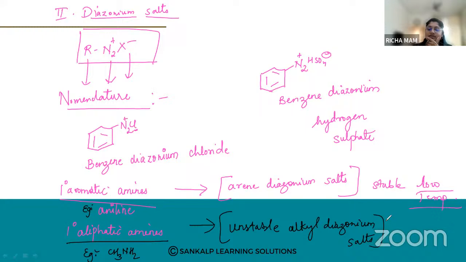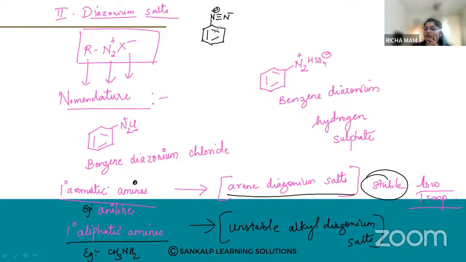So why is it stable? Why do primary aromatic amines form stable arene diazonium salts? Because of the resonating structures. When you see the resonating structures of the benzene compounds, how is it represented? N plus, this is minus.